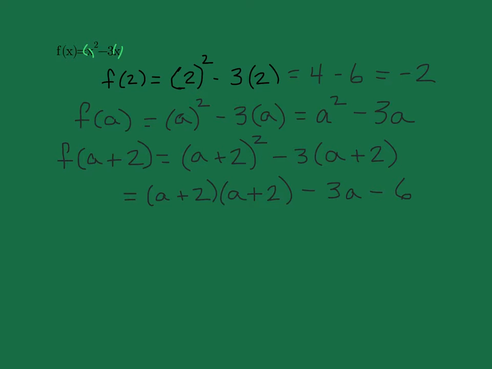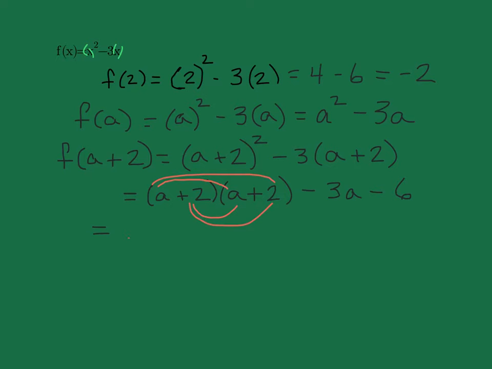And a plus 2 times a plus 2, we can use what we call FOIL to multiply these two binomials together. FOIL stands for first, outside, inside, last, or some people prefer saying first, outer, inner, last. But whichever way you say it, it means we multiply the first terms together, then the outside terms together, then the inside terms together, and last, the last terms together.